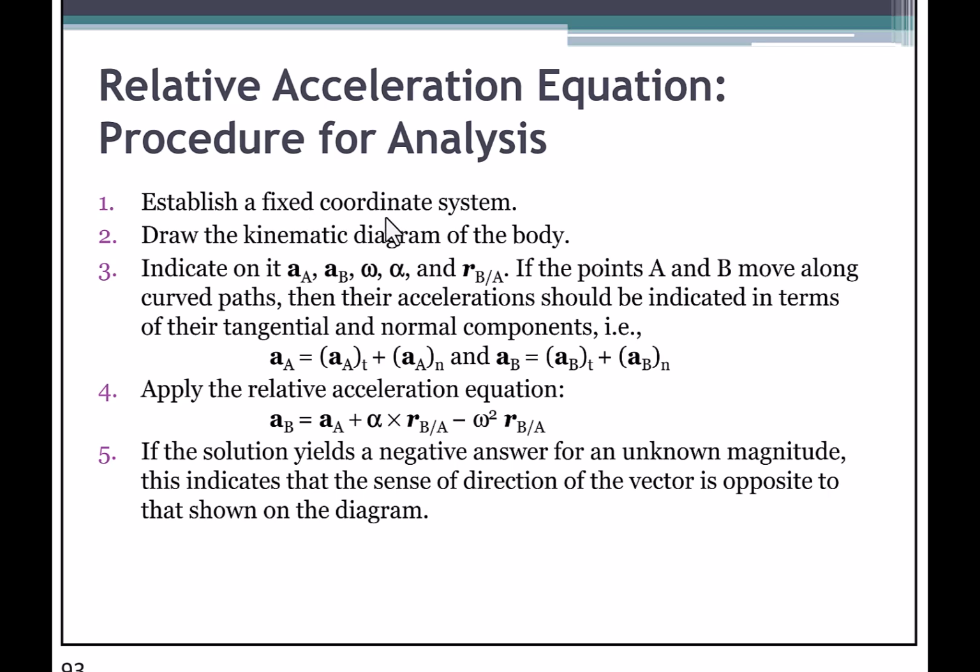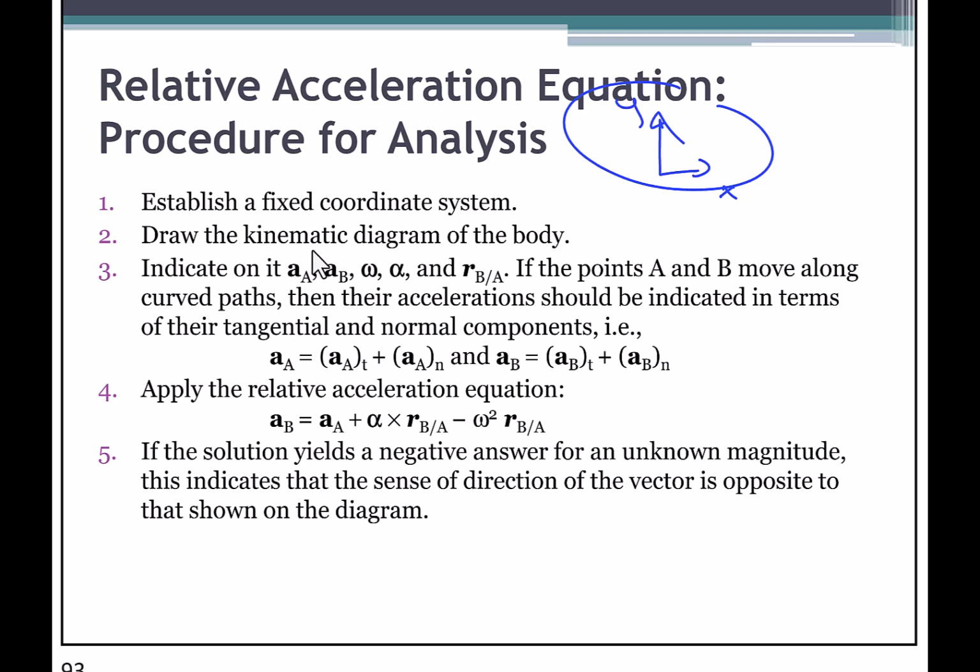So establish a fixed coordinate system. Not changing every time, once X and Y, and again depending on the segment you have, or using a spherical or cylindrical coordinate system. Just stick with X and Y. Like in drawing the free body diagram, just draw your X and Y so that you don't change them.